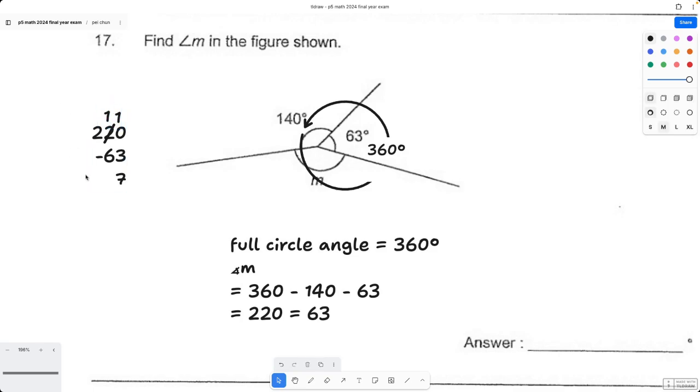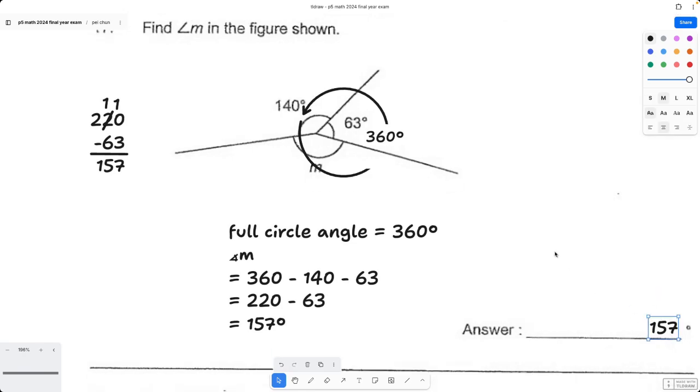So 21 minus 6 gives us 15. So the answer to this is 157, so angle M is equal to 157 degrees. Let's move on to the next question.